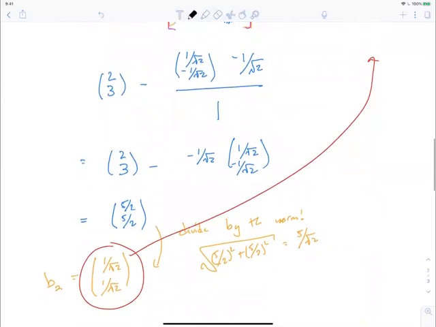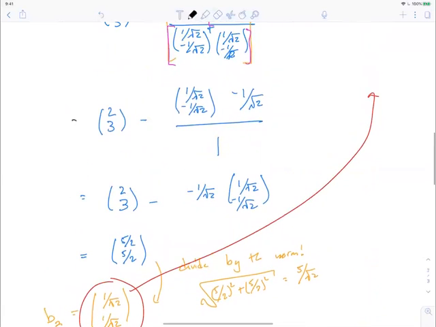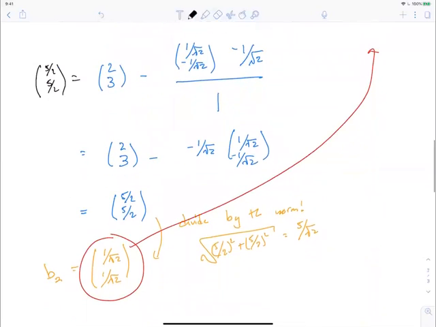So how do we do that? Well, we got that this projection right here, this was really 5 halves, 5 halves. But that 5 halves, 5 halves was really our basis vector times some multiple. So this is really just 5 over square root of 2 times our basis vector.